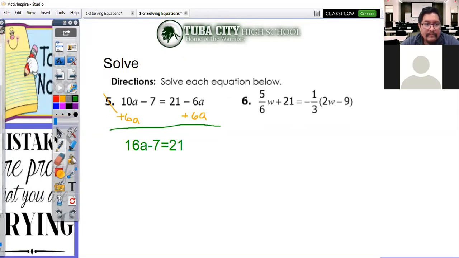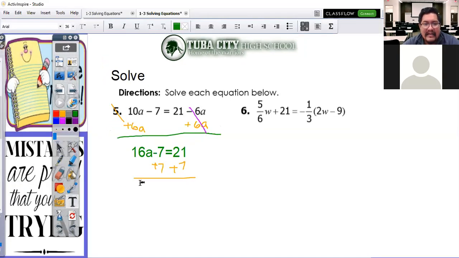And that will cancel this here. And normally what I would do is I'd also add 7 to both sides. For some of the problems in this lesson, I am going to do 2 things at once. In this case, it's not a big deal because I have enough space to write everything I need to.